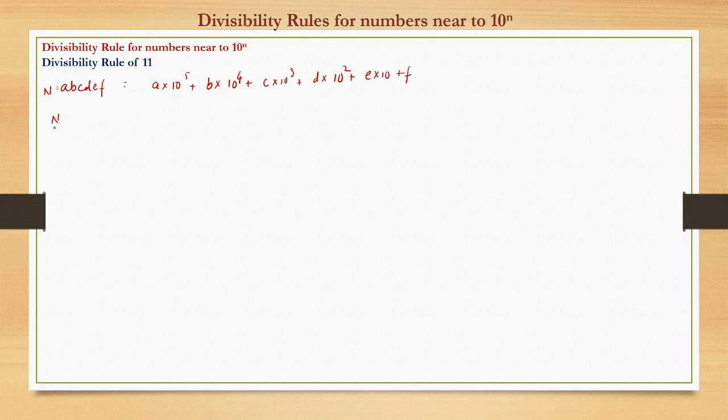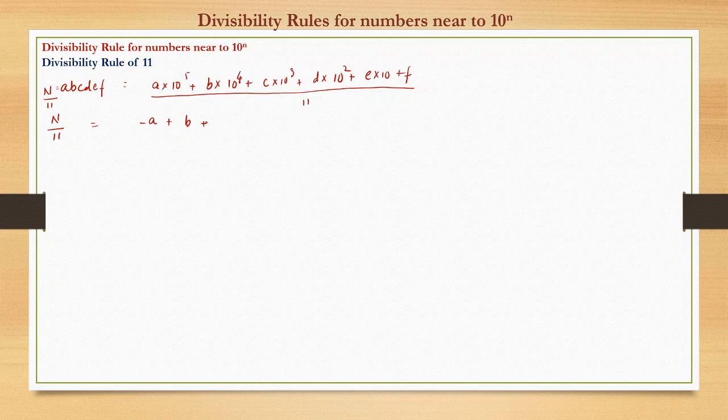So if I divide n by 11, what will it be? Here, see, 10 upon 11 remainder is minus 1, right? So minus 1 raised to power odd powers will give a minus remainder. So here it will be minus a, here it will be plus b, because minus 1 raised to power 4 is plus 1.